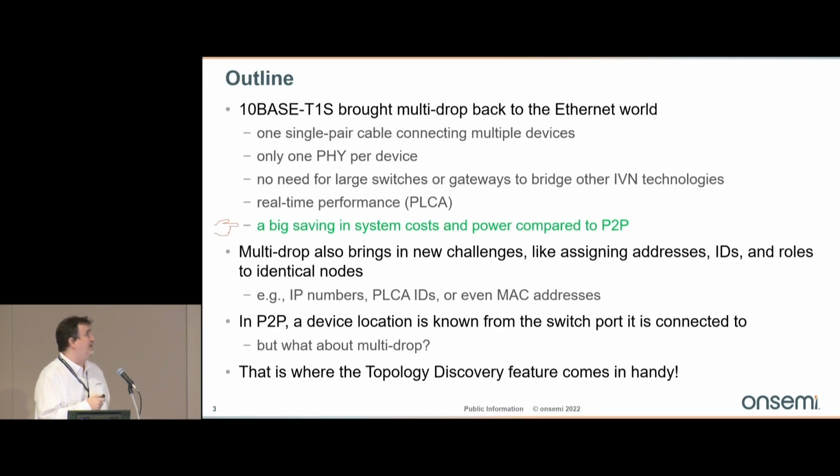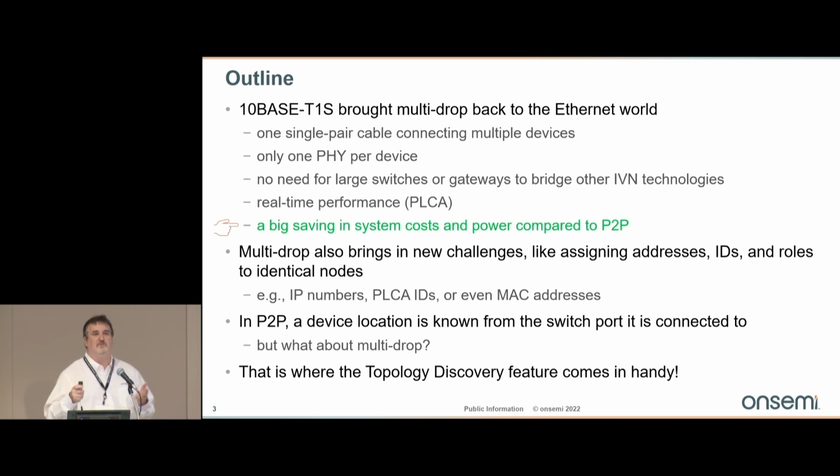So maybe just a bit of background to better frame the problem. Since the 1990s, Ethernet was mainly driven by the need of high-speed point-to-point links, mainly driven by the telecom industry, as we all know. And for this reason, multi-drop networks were kind of abandoned since then.